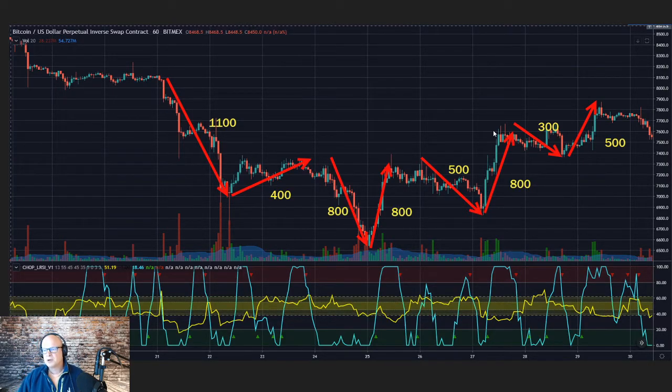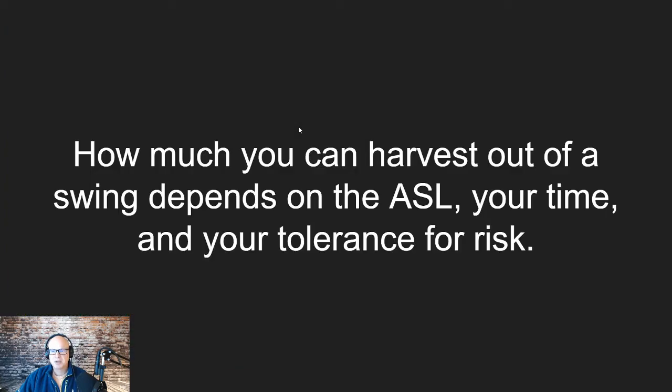So understand the context of what you're trading within, especially if you're going to run something. Maybe your initial risk out is going to be close to that stop. It's going to be maybe 1/10 of one of these swings. How much you can harvest out of a swing depends on the average swing length. It depends on your time. It depends on your tolerance for risk.